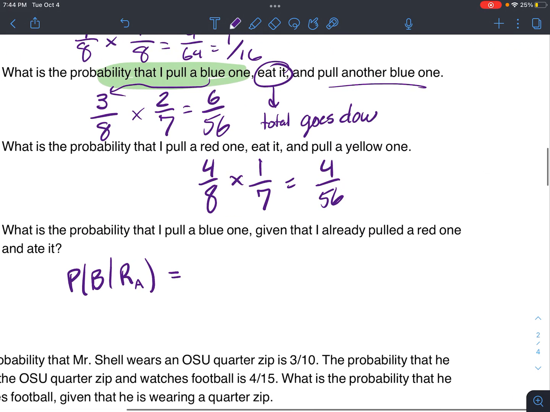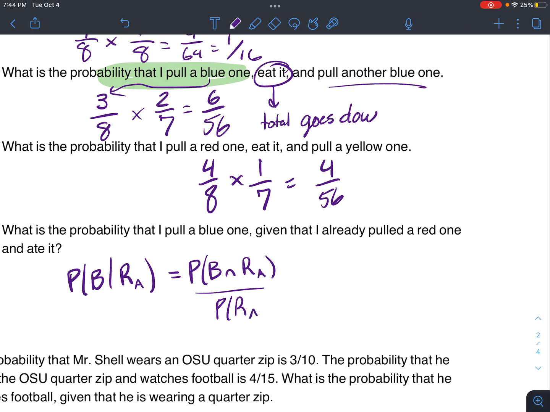We might have to think about this in a little bit more of an interesting way. It's the probability of pulling blue and eating a red, over the probability of pulling a red and eating it. The probability that both I pull a red one and I pull blue is just the probability of the red one times the blue one.